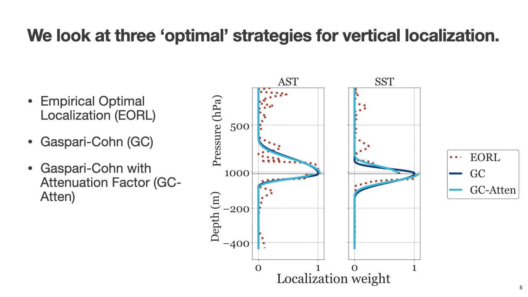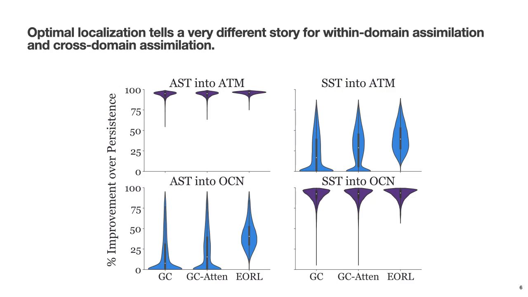That's persistence for me. So this improvement over persistence is our data assimilation step making an improvement to the state estimate. I'm showing this percent improvement over persistence as a violin plot. If you've never seen a violin plot before, it's just another way of looking at a distribution. If you take a single violin plot, chop it in half and flip it on its side, that's a distribution.